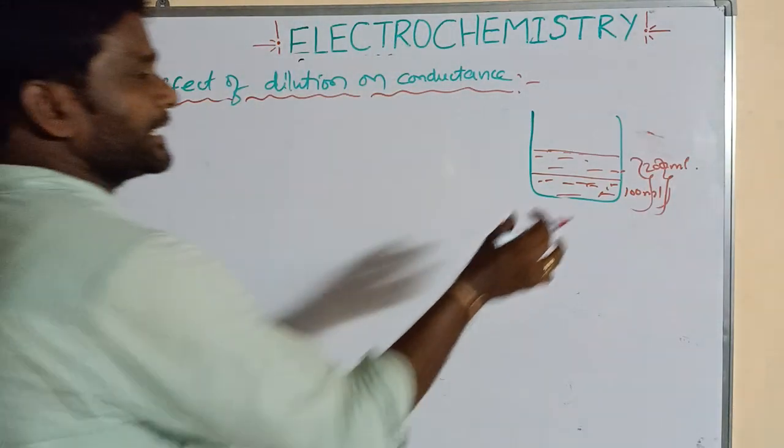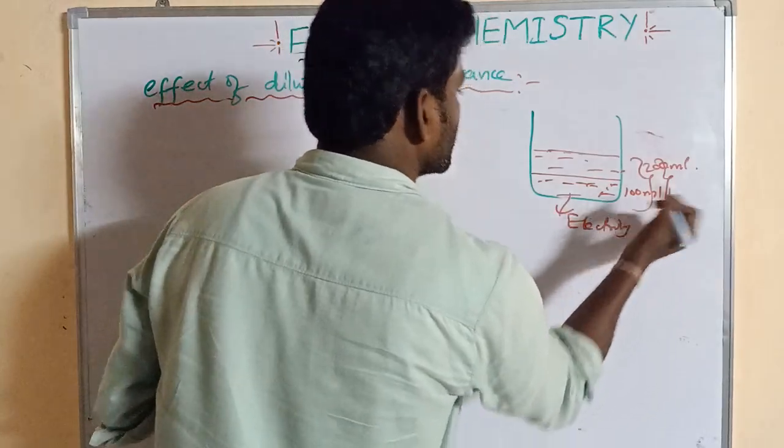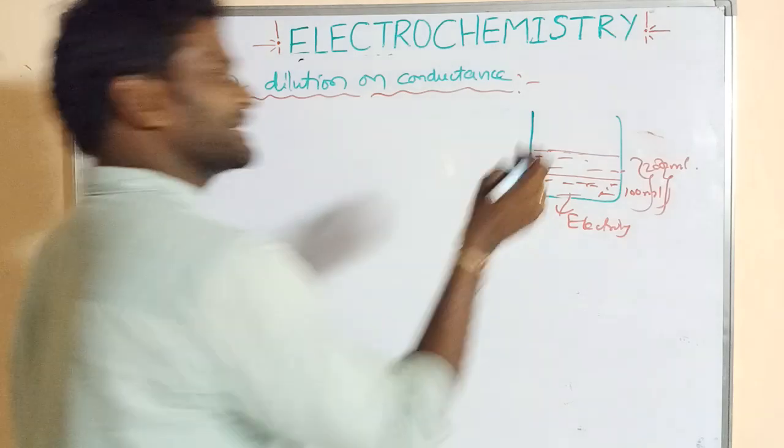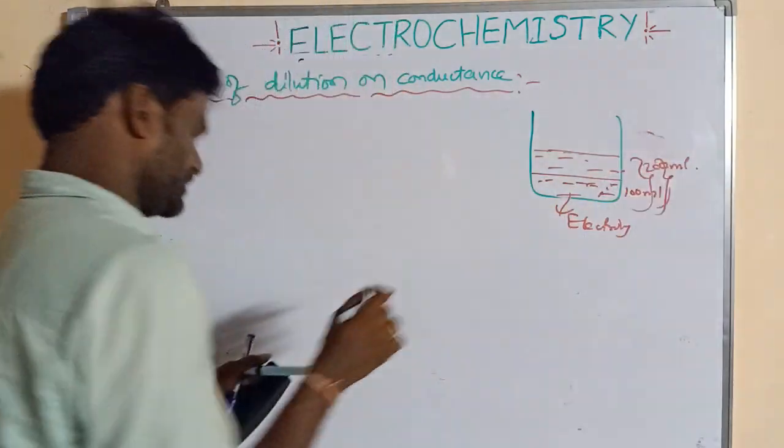Initially we take 100 ml of electrolyte, which on dilution, that is adding solvent like water, increases the volume. So 100 plus 100, 200 ml, so the total volume is 200 ml.